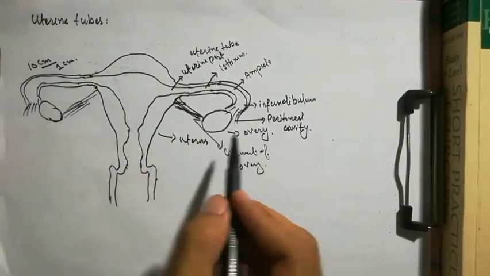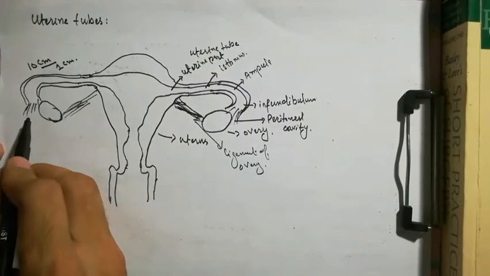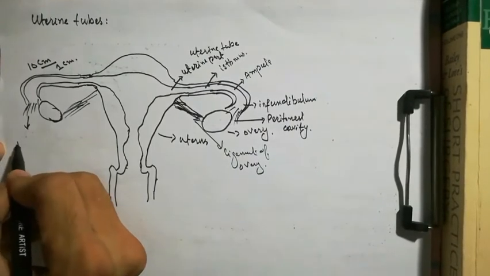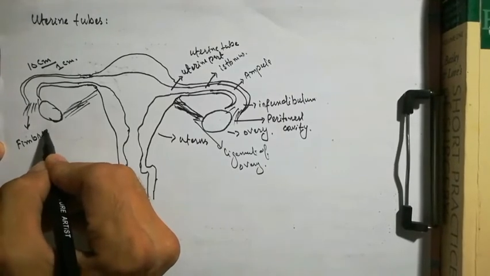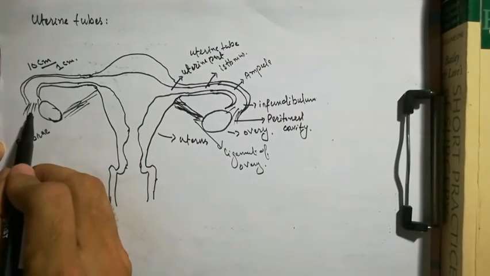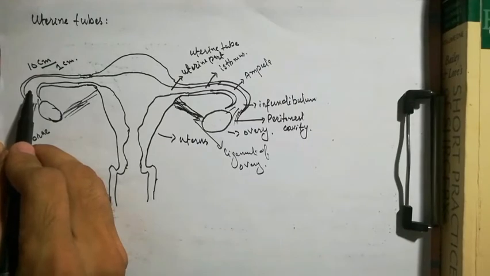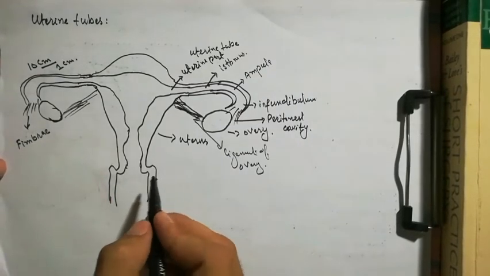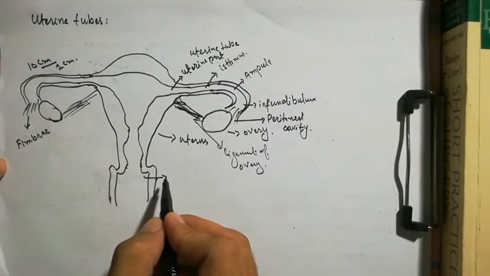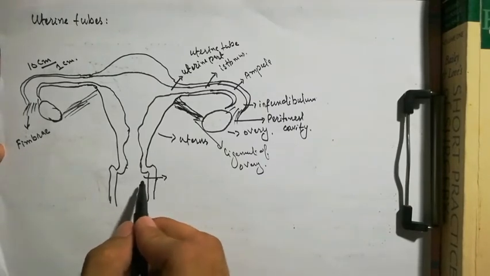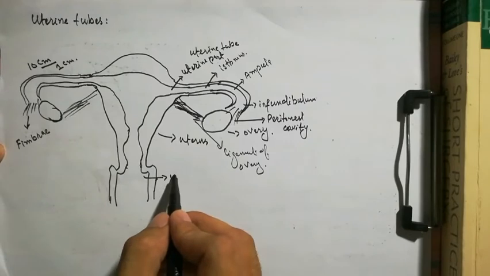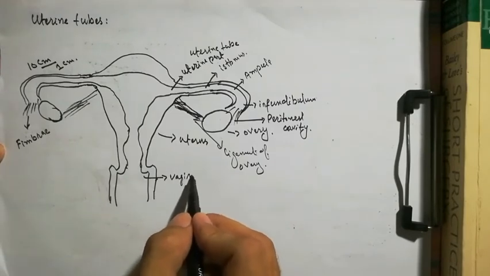These are fimbriae, which help in sucking of oocyte into uterine tube. And this is vaginal fornix. At the time of sexual intercourse, sperms are deposited in vaginal fornix.